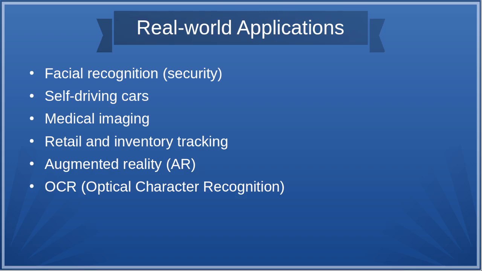And another important thing is OCR, optical character recognition, for digitizing books and especially for reading text on the number plates of a car. So it's reading the characters in the image. Okay, so that accuracy and precision are getting improved with the help of computer vision powered by AI.